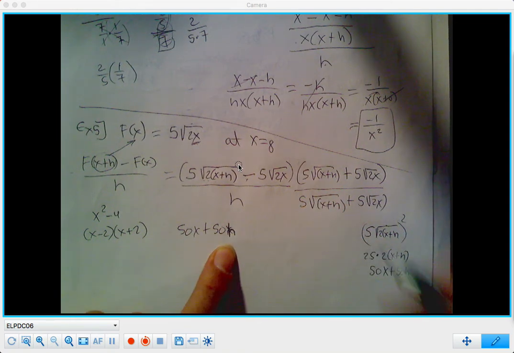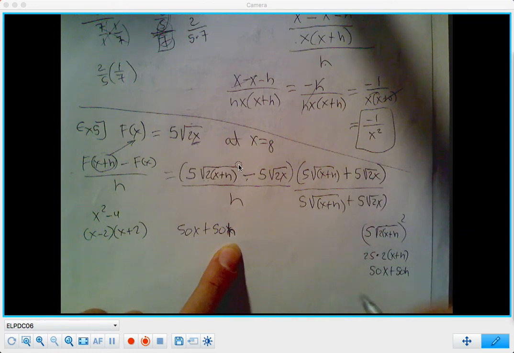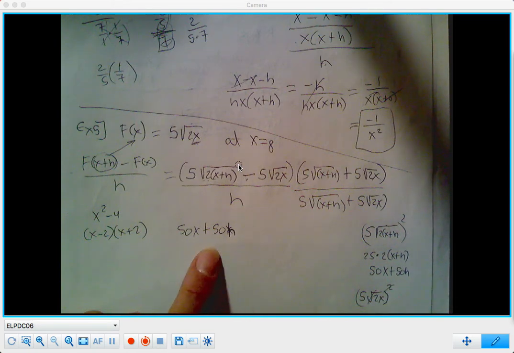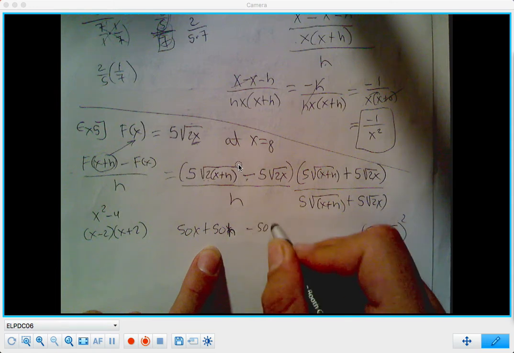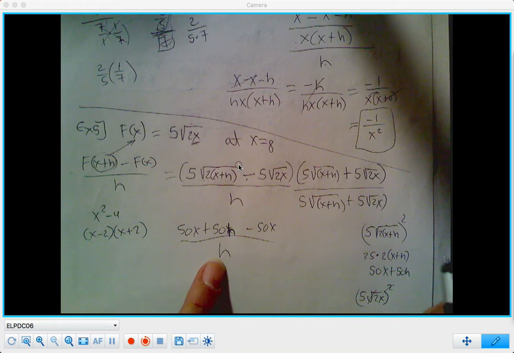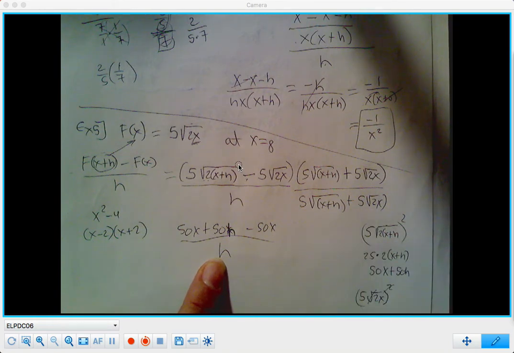And then we will do the same thing to the other one. So the other one will be 5 square root of 2x quantity squared. That will be 25 times 2x, because this cancels. So that's 50x, minus 50x all over h. Okay? And then you have this on the bottom.